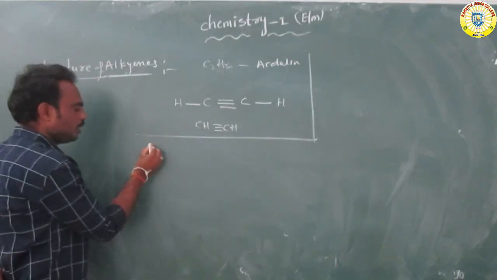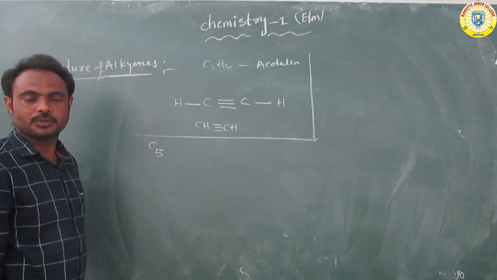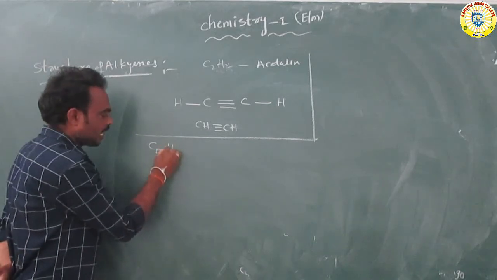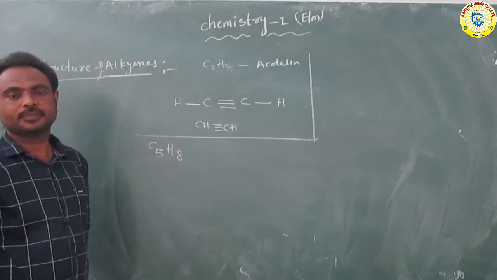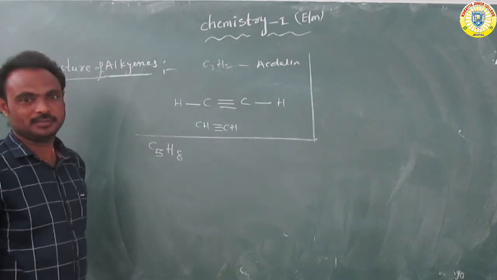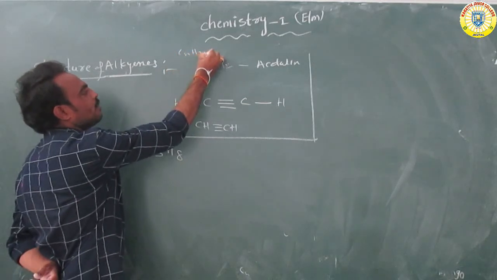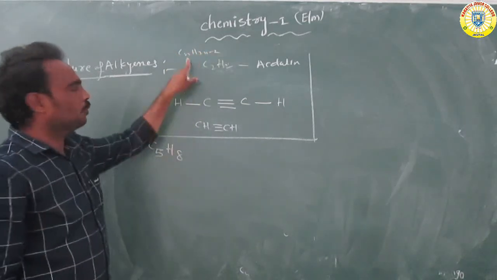Okay, so we write another structure. Suppose for example C5H8, which is pentyne, from CnH2n minus 2.